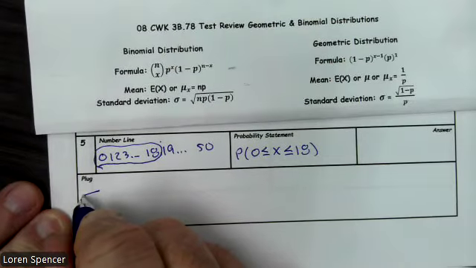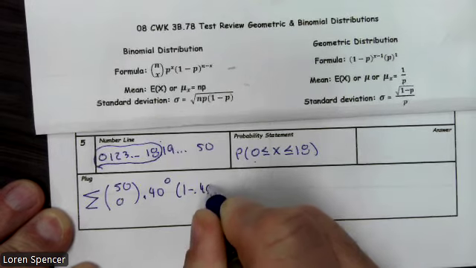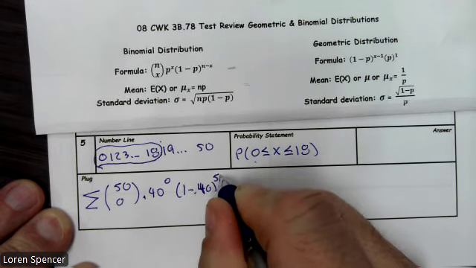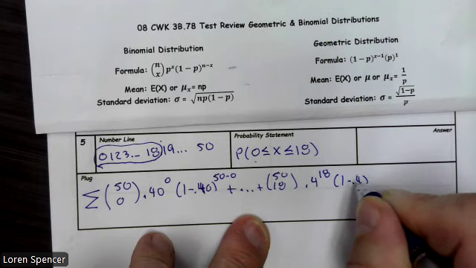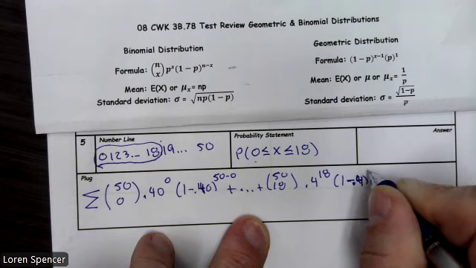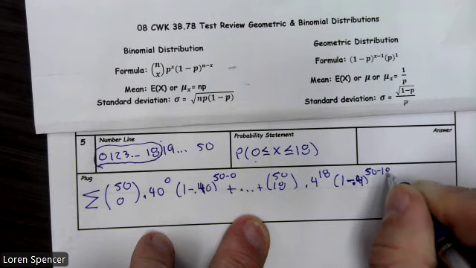Our lowest value is circled as 0. 0.40 is our probability to the 0 times 1 minus 0.40 to the 50 minus 0, plus dot, dot, dot, plus 50, and our highest value was 18. 0.4 to the 18th times 1 minus 0.4 to the 50 minus 18.